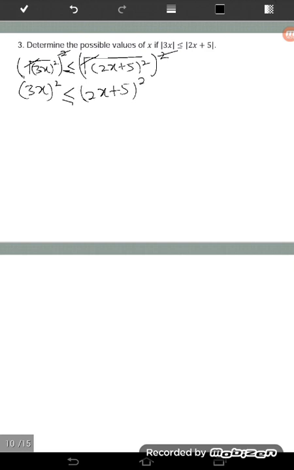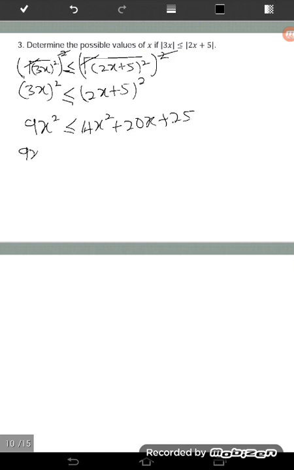And then expand the power. So 3x squared is 9x squared, less than or equal to 2x squared, 4x squared, and then positive 5 times 2, positive 10, times 2x, positive 20x. Then positive 5 squared is positive 25. Next, simplify.